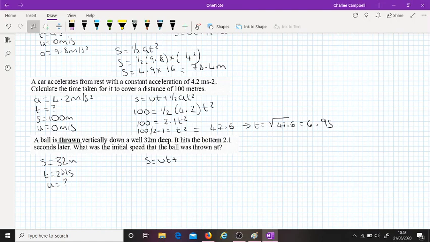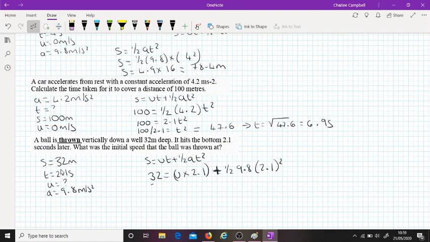So we will write our equation, and we've got S, we don't know U, that's what we need to work out. We've got T, and A is obviously 9.8 because it's subject to gravity. So 32 equals U, which we don't know, times T, which is 2.1, plus a half, 9.8 times 2.1 squared. You will sort of get to know, obviously, that half of 9.8 is 4.9.